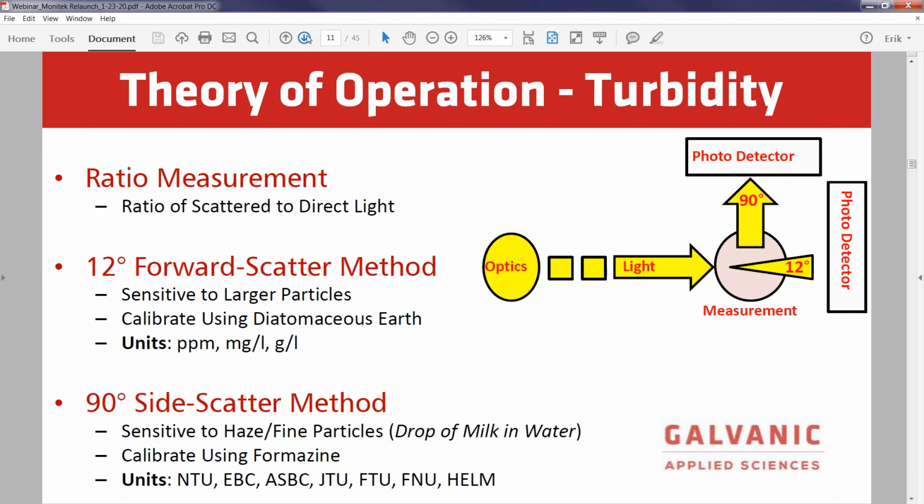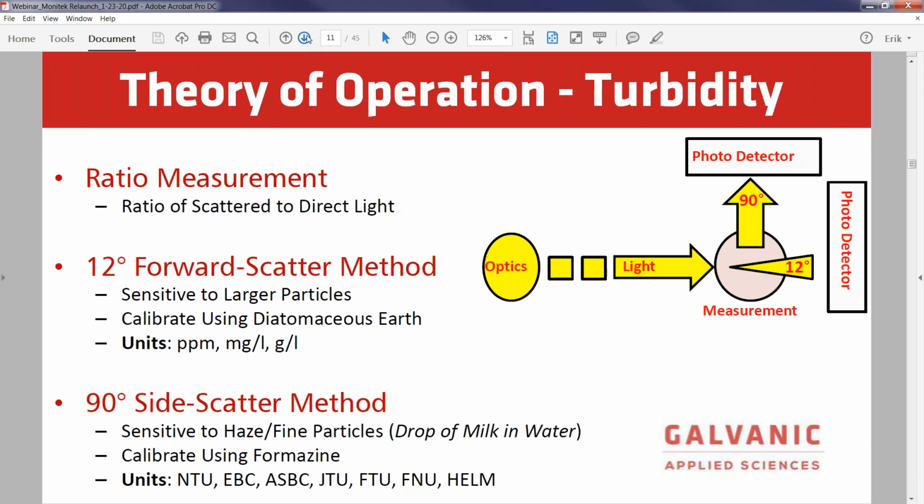Very sensitive to large particles. And when we say large particles, we mean, imagine if you go out in the parking lot and you pick up some sand, just regular sand, and put it in water and mix it up, and what that looks like. It's something that you can physically see with your eye. So I would say down to about the 2 to 3 micron particle size.